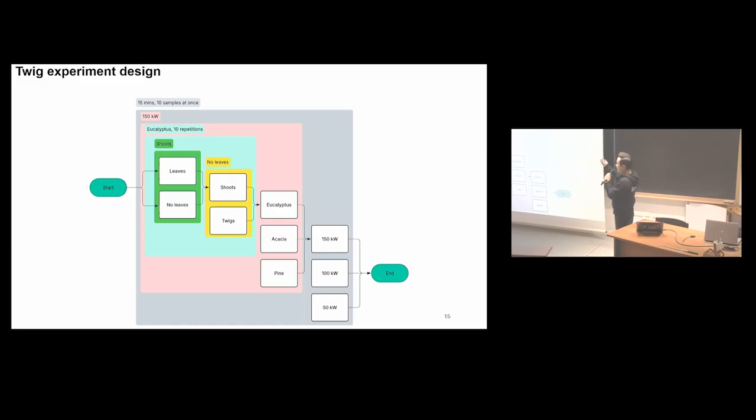If the shoot and the twig produce the same amount of firebrand, then we can be confident to burn only twigs. We can burn twigs of 1 centimeter diameter, and then 2 centimeter, and then 3, 4, 5, something like that. When we burn individually, it's easier to manage the data later on.